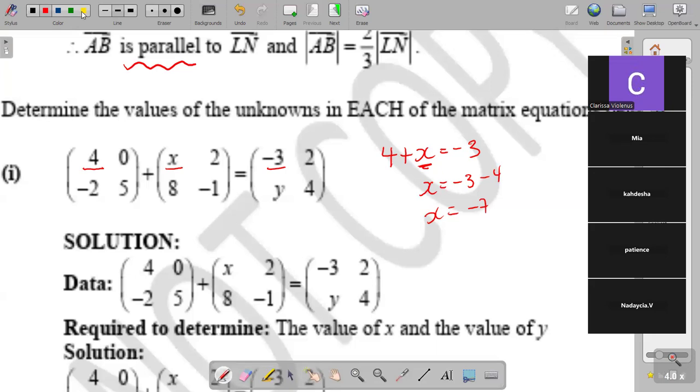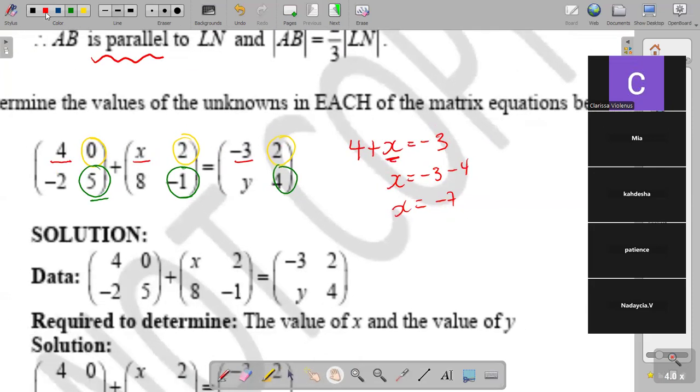There we go. Now, this one is obviously straightforward because look at this. 0 plus 2 is 2. Let's do one that has matching as well. Let's do green here. 5 plus negative 1 is 4. So only these in the same color could interact with each other because based on the rule, you could only add terms in the same position, right? So what is our next one? How do we find y?